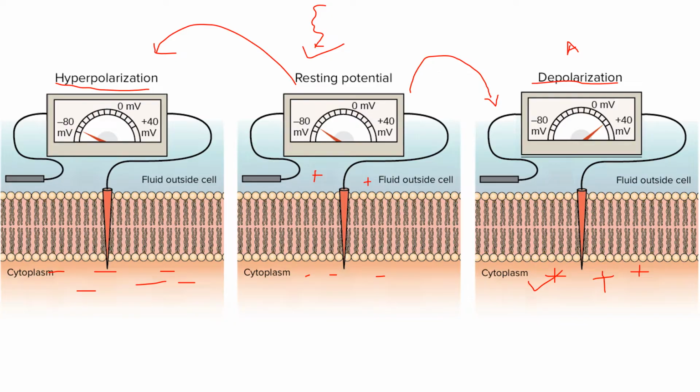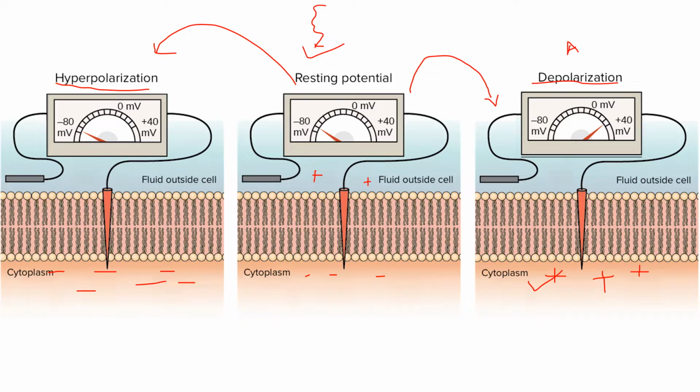When intracellular negativity is changed to intracellular positivity, that is known as depolarization. Whereas if the intracellular negativity is further increased, say initially it was minus 80 and now it is minus 90 or minus 100, it is becoming more negative inside. That is known as hyperpolarization.